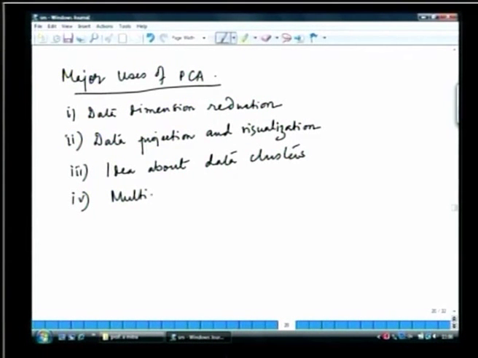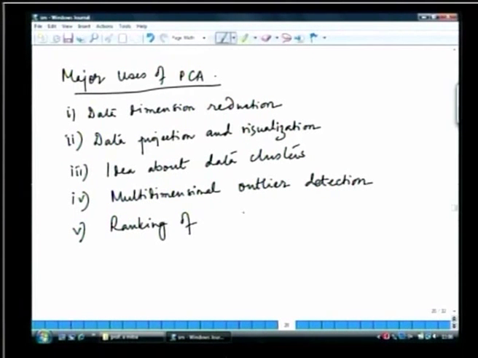So, multidimensional outlier detection can also be done. And fifth, there can be some ranking of the multidimensional data also.